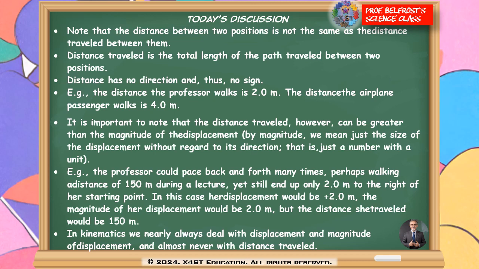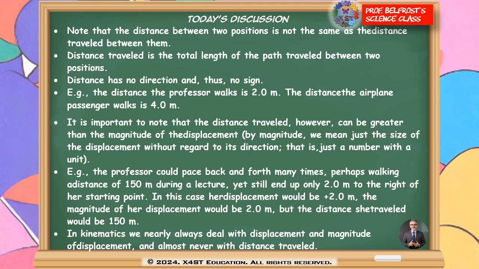It is important to note that the distance traveled can be greater than the magnitude of the displacement. For example, the professor could pace back and forth many times, perhaps walking a distance of 150 meters during a lecture, and yet still end up only 2 meters to the right of her starting point.